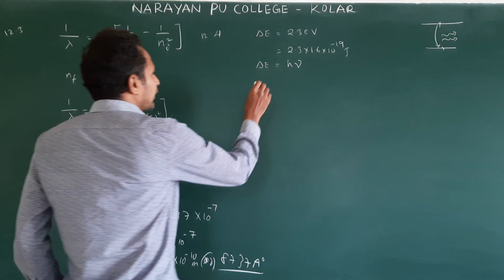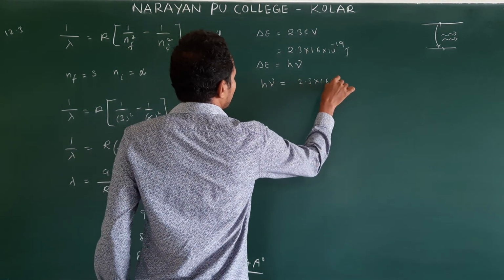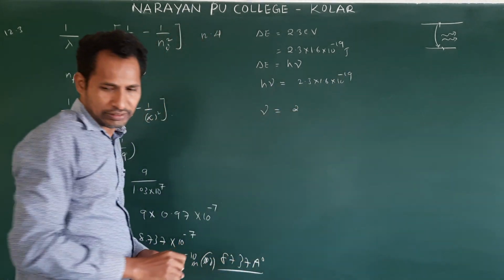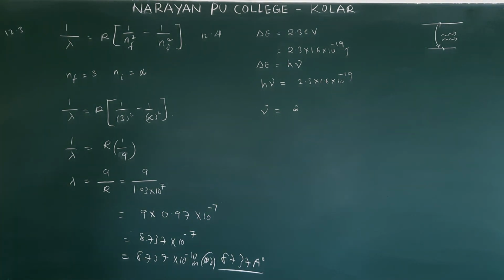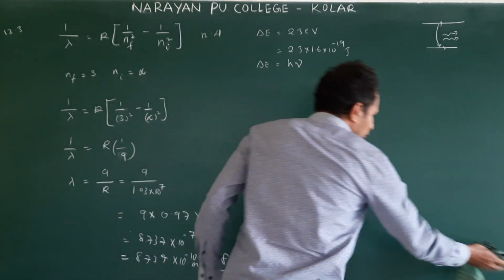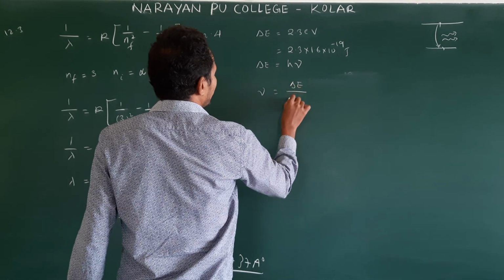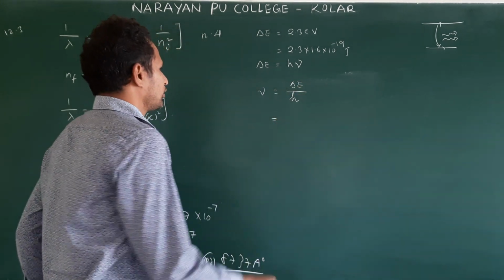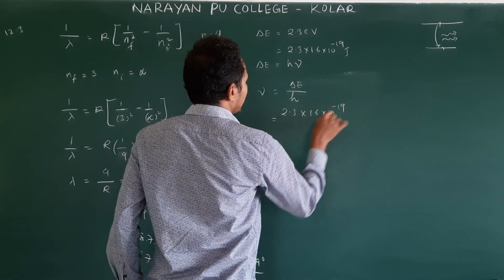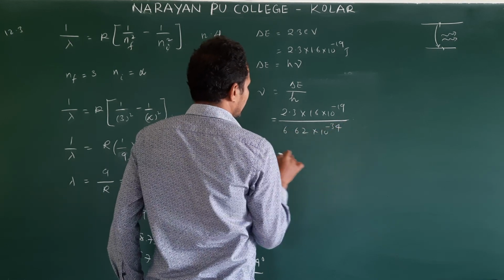Instead of writing this, first we will make it a formula and then substitute. They are asking frequency nu. Nu is equal to delta E by h. Substitute the values: 2.3 into 1.6 into 10 power minus 19 by 6.62 into 10 power minus 34.